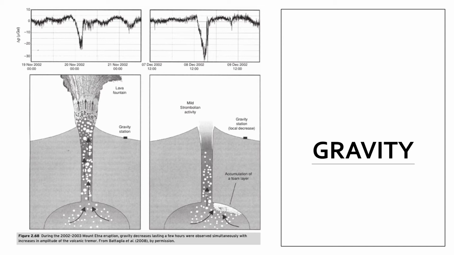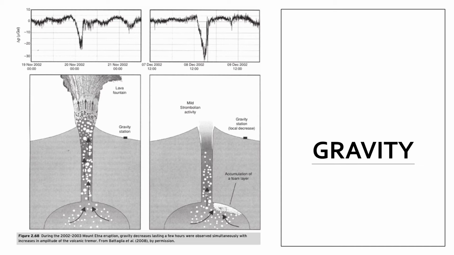So what happened here is that during the eruption, there was a loss of density within the volcano because the magma chamber lost some magma.